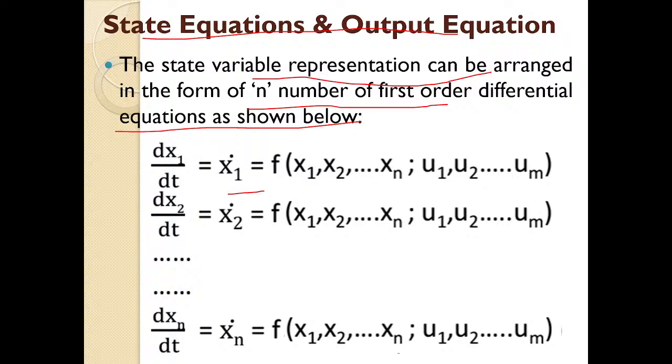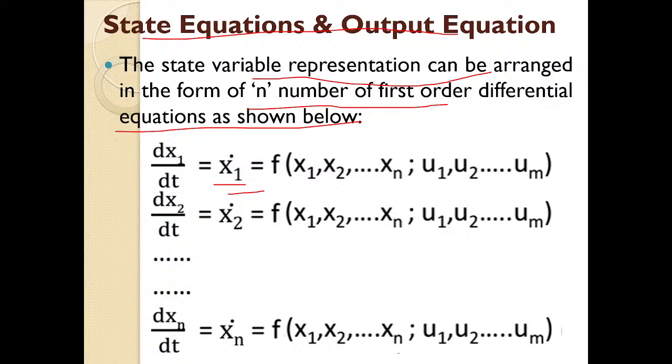So we know state variables are denoted by x. Let us consider the first state variable x1 of t. You just differentiate it with respect to time, d by dt of x1 of t. You can rewrite it as x1 dot.